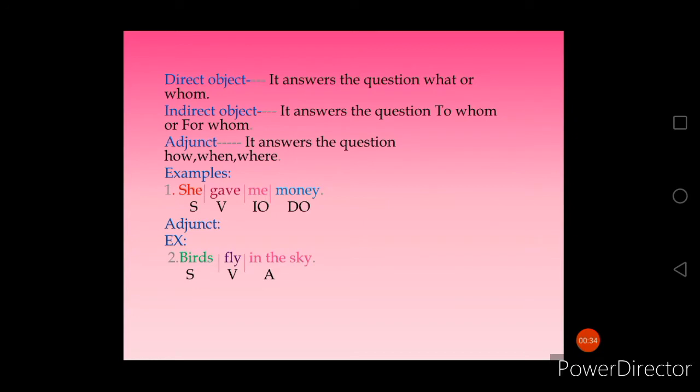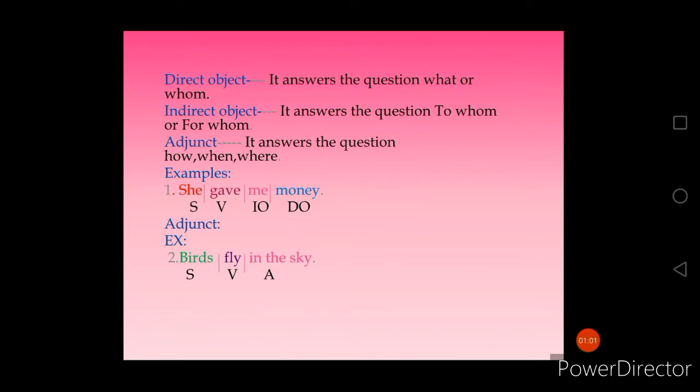This indirect object answers the question to whom or for whom. And what is adjunct? Adjunct means it answers the question how, when and where. Adjunct or adverb answers the question how, when and where in a sentence.